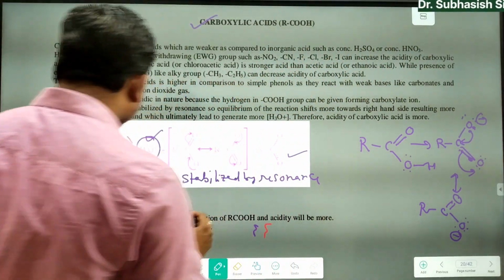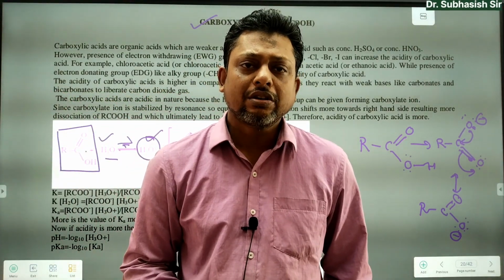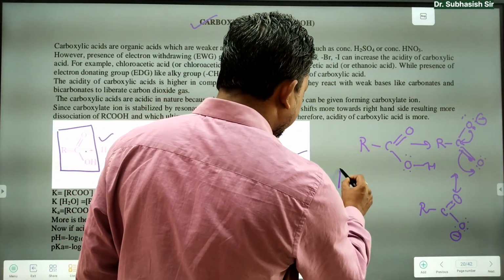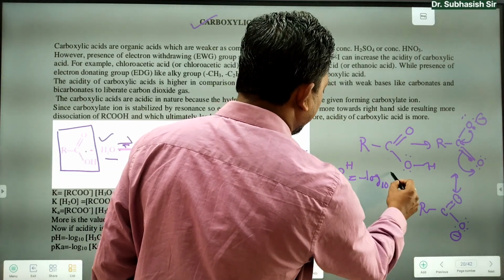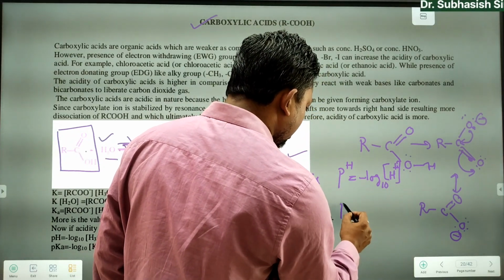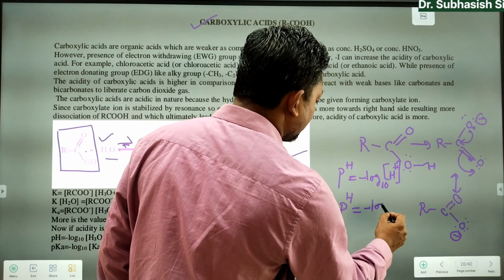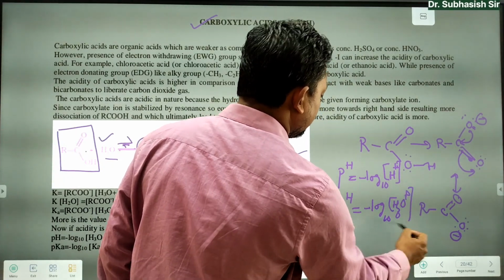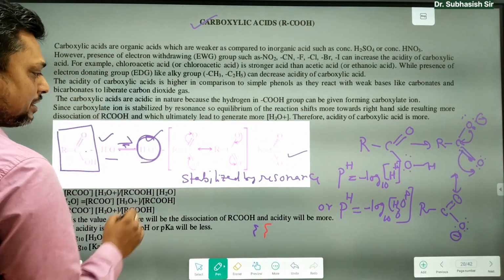Again, you know very well, if any substance is acidic, then pH will be low, because the formula of pH is the negative logarithm of hydrogen ion concentration. You can also write pH is equal to negative log 10 of the hydronium ion concentration. So here we can see this hydronium ion is formed.